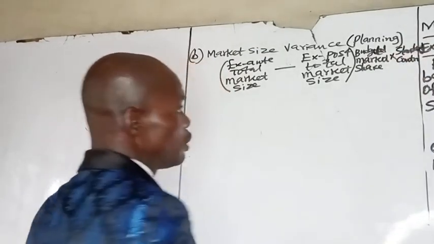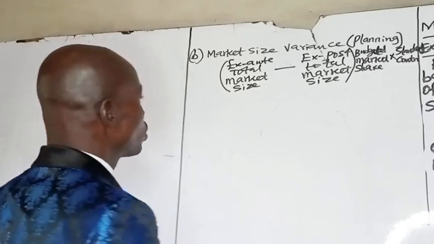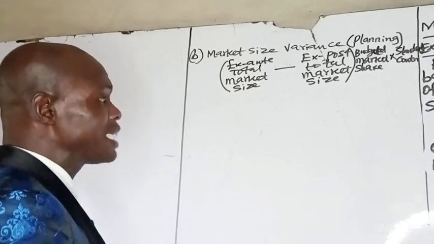Standard contribution, because it is contribution that is given in the question. So that is to show that you are expected to use the marginal costing school of thought.